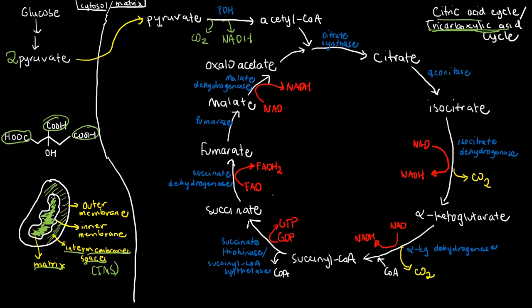And since pyruvate has three carbons and then we remove one of those carbons, remember that acetyl-CoA at the moment has two carbons. Now, this is the first actual step of the Krebs cycle, or the TCA cycle, wherein we imagine this acetyl-CoA combines with oxaloacetate, which is a four-carbon compound, and by the power of the enzyme citrate synthase, they become a molecule of citrate.